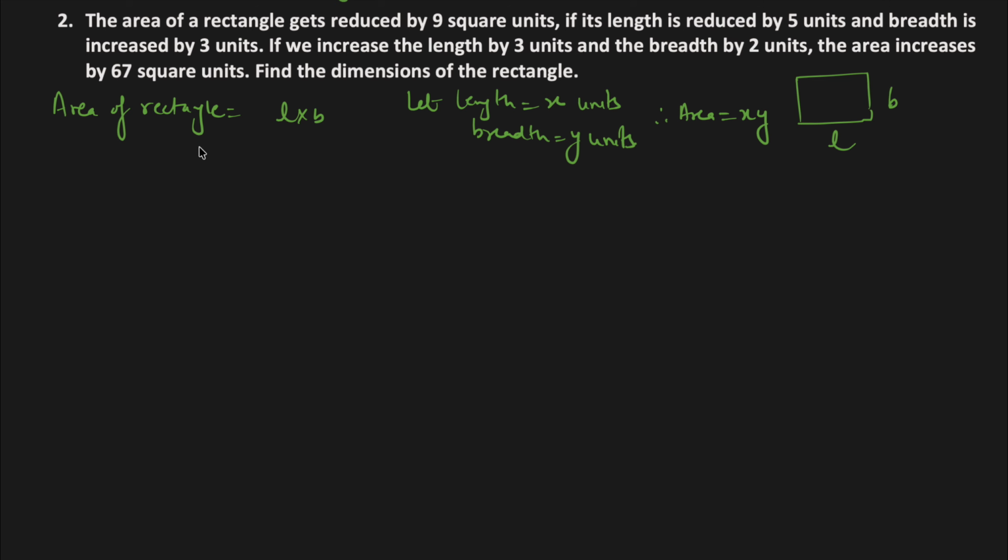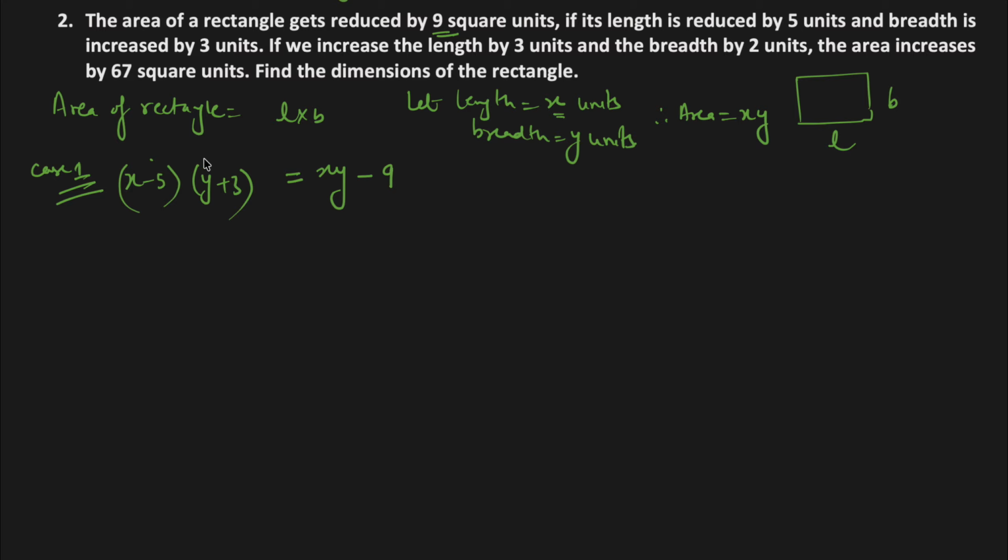Now the conditions. Let's take first case one. What is it saying? Area reduces by 9. So area was xy, it is reduced by 9 when I write length and breadth here. Length x is reduced by 5, length multiplied by breadth, and breadth is increased by 3, so y plus 3. This is the way I'm creating the equation, students.